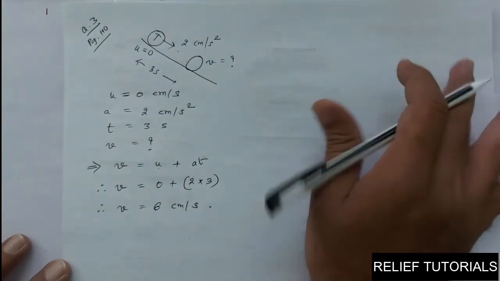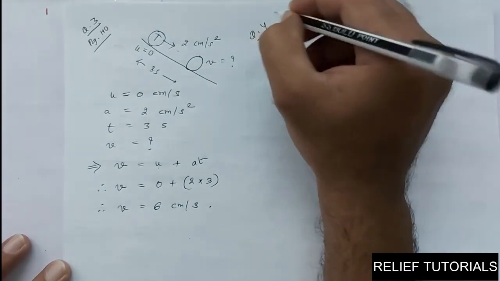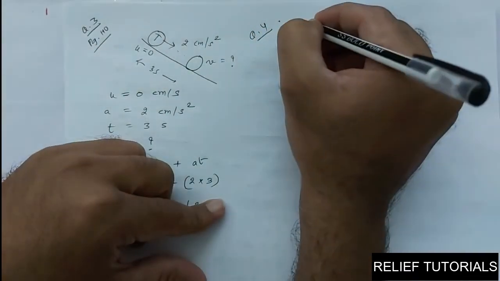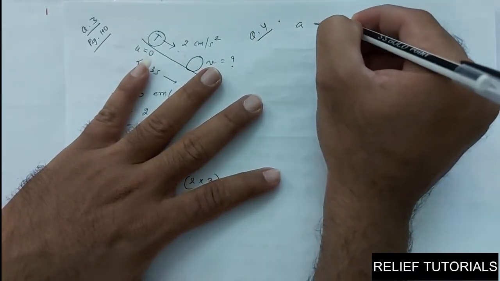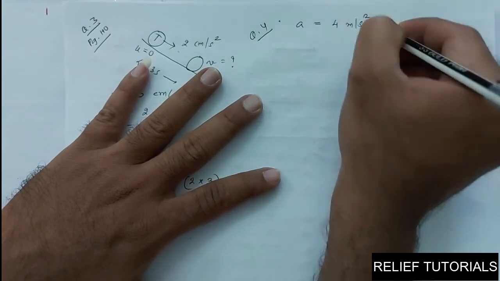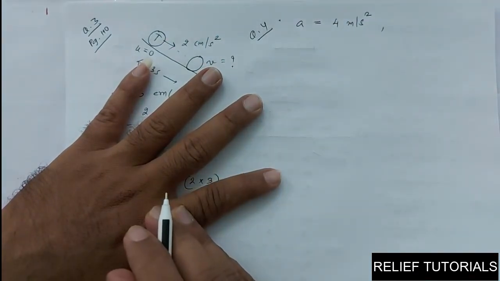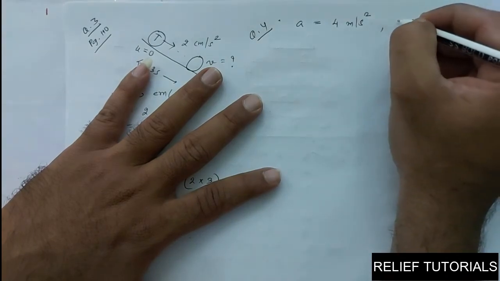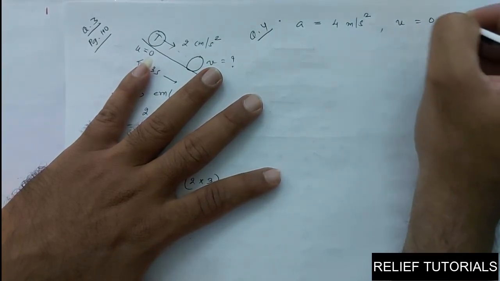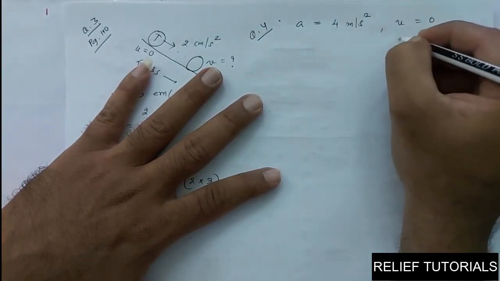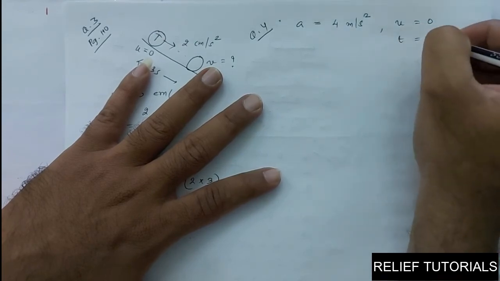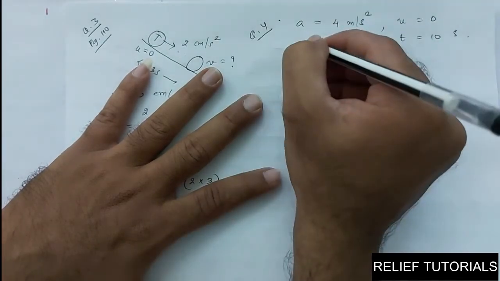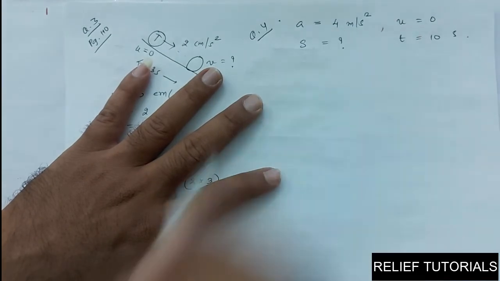Question number 4. A is equals to 4 meter per second square. What distance will it cover after start means U is 0, after 10 seconds. So T is 10 seconds. And what distance will it cover means S is your question.